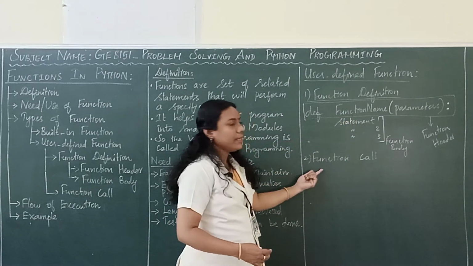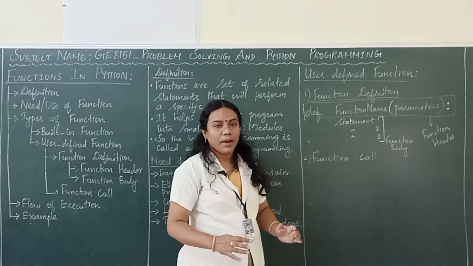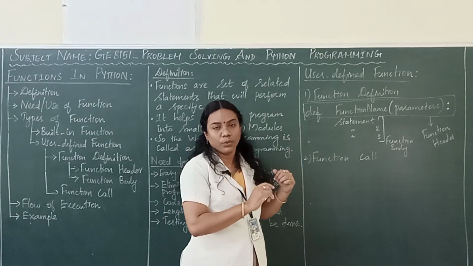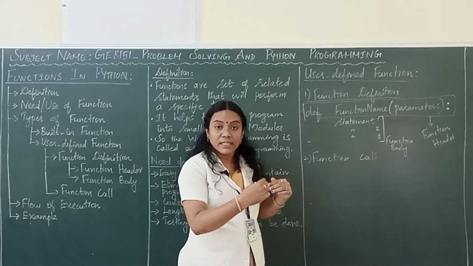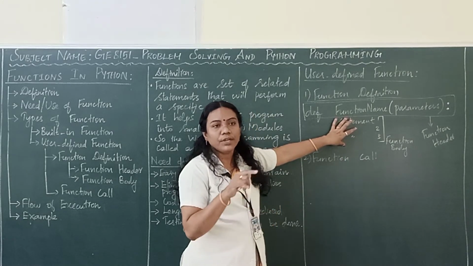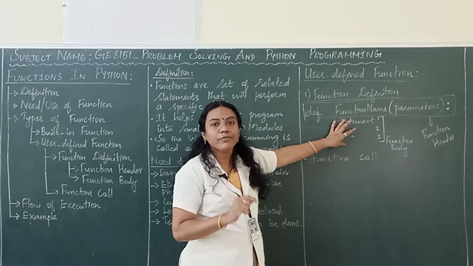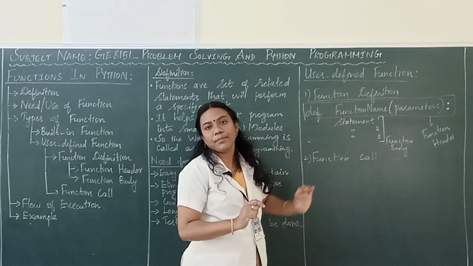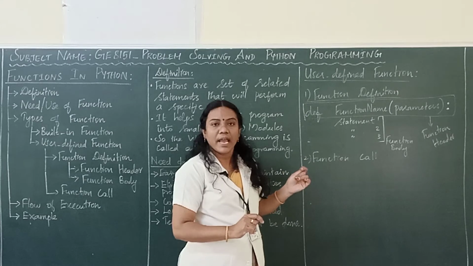Next is the second component, that is function call. If you are defining a function in your program, and there is a need to execute this particular function definition, you need to call the function. Whenever a function is called, at that time only the definition part will get executed.